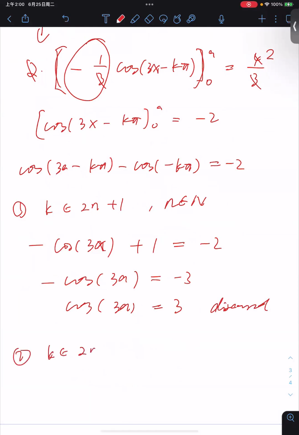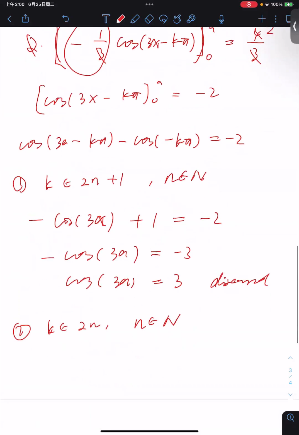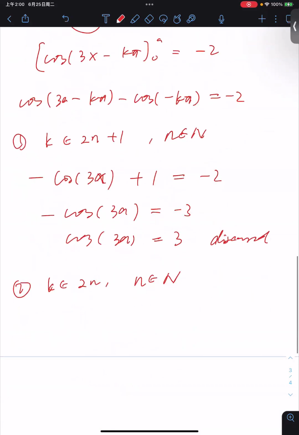What if k is an even number, right? Then we're going to do the simplification, the substitutions. If k is an even number, then minus k pi is actually minus 2n pi, you're going to make a whole spin. You're going to change nothing, all right?